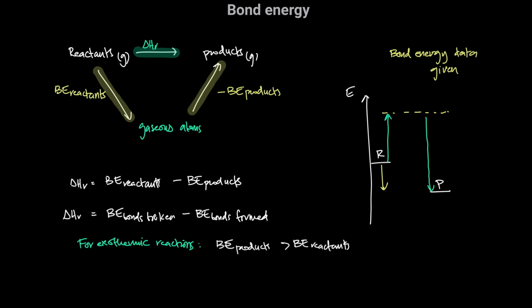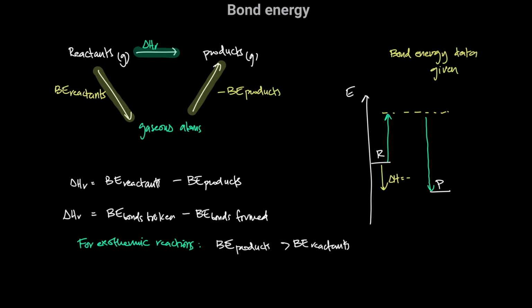More energy is released when bonds form in the products than the energy that was initially needed to break the bonds in the reactants. So therefore we get a delta H that has a negative value, because bond formation is exothermic, bond breaking is endothermic. So here bond formation is greater in magnitude, so the bonds of the products are stronger.